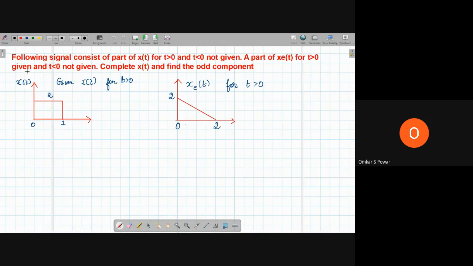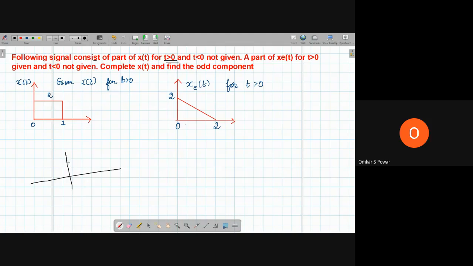Okay. Now, the following signal consists of part of x of t for t greater than 0. Means there is a signal which has been given and it consists of part of x of t. So x of t is there, but there is a signal here. For example, they have given a signal.